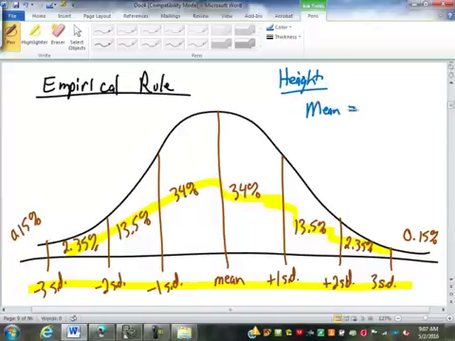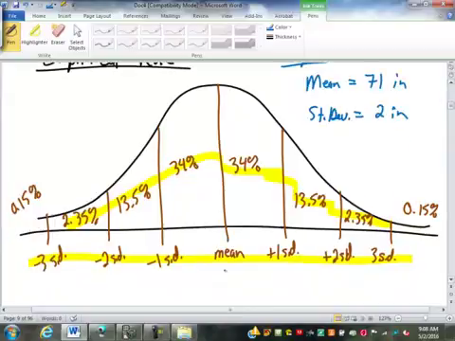Let's say the mean height is 71 inches with a standard deviation of, let's go 2 inches. I'm just throwing these out there. I have no idea how accurate they are. What that would mean on this curve, 71 goes right there.